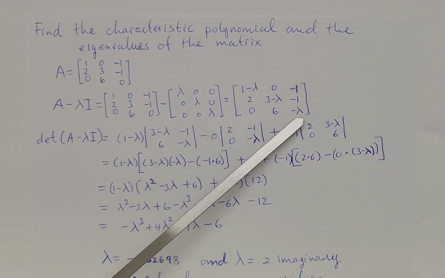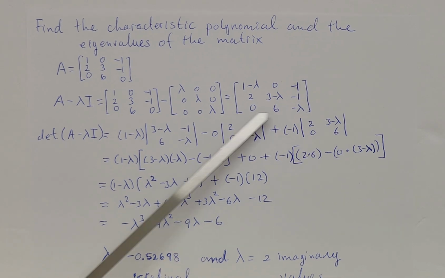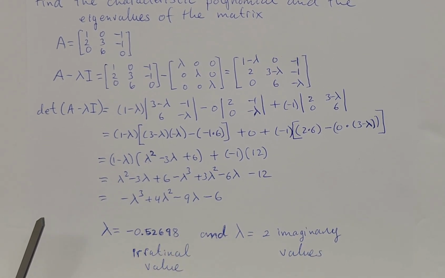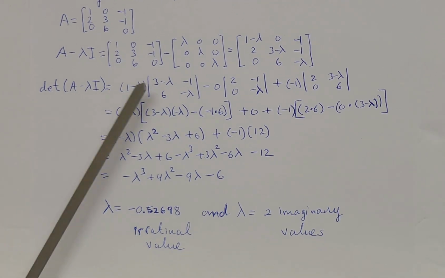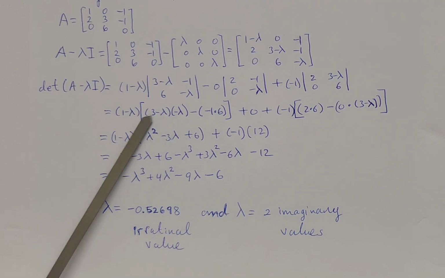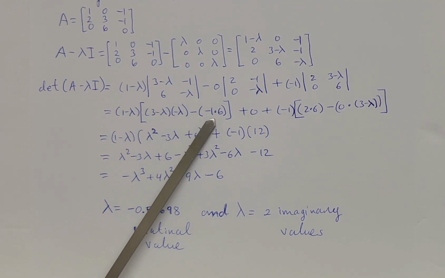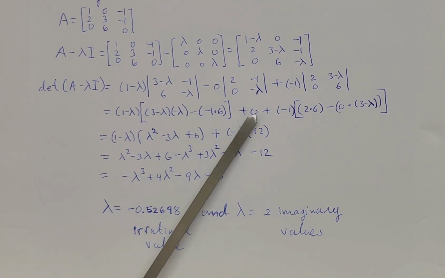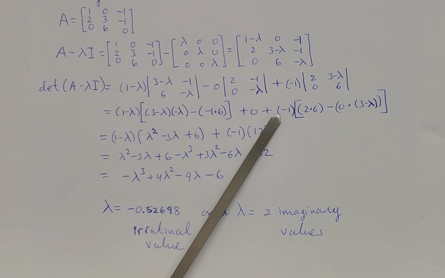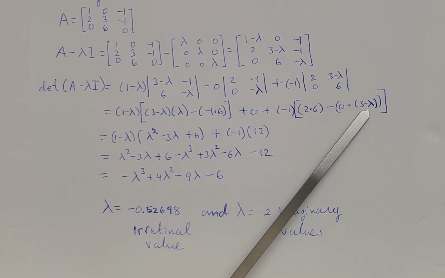This row, this column is blocked, so 2 3 minus lambda here, 0 6 here. After that, you just do the 2 by 2 matrix. So this times this, minus negative 1 times 6, which is here. 0 times anything is just 0.